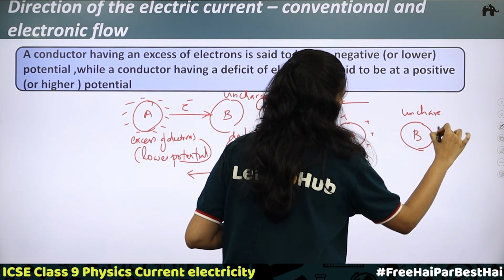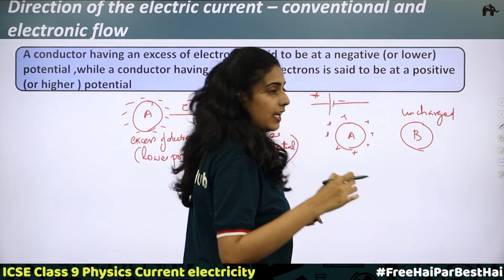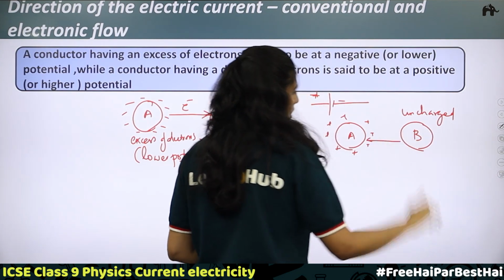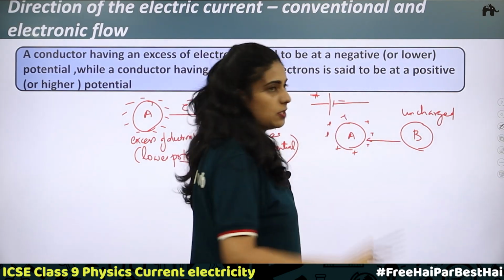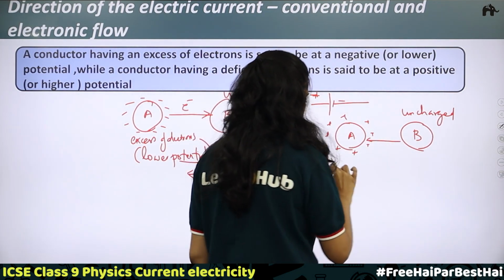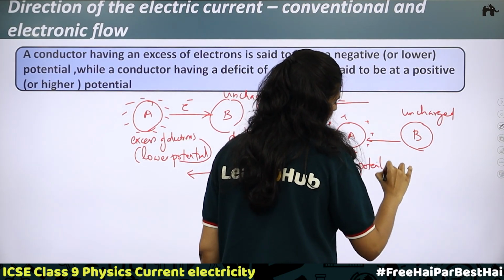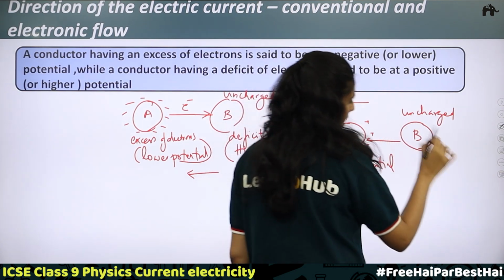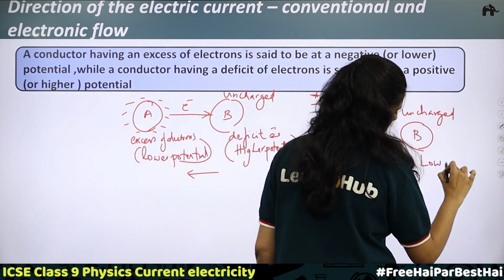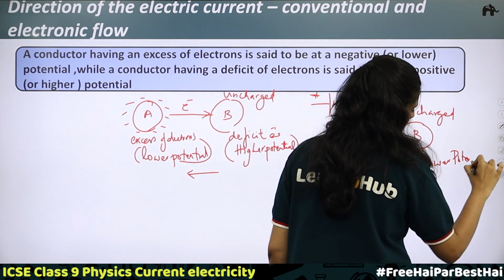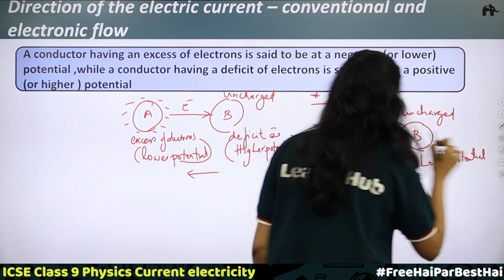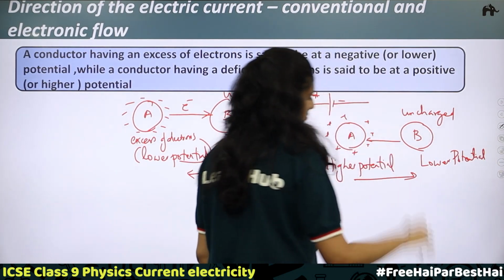In this case, in which direction do the electrons flow? Electrons flow from here to here. Now, which one is at a higher potential? Positively charged will be at higher potential. Deficit of electrons, higher potential. Excess of electrons, lower potential. Which direction is the current flow? Current flow will start from A to B.